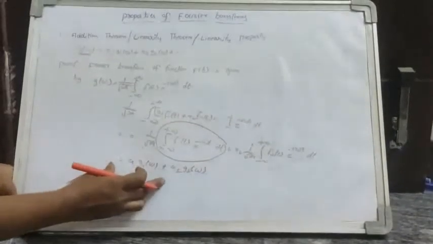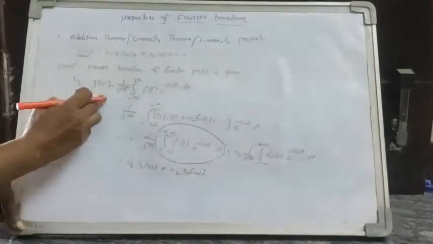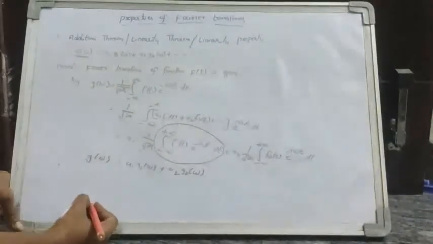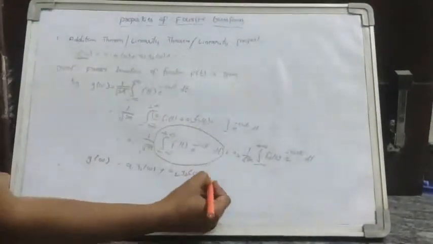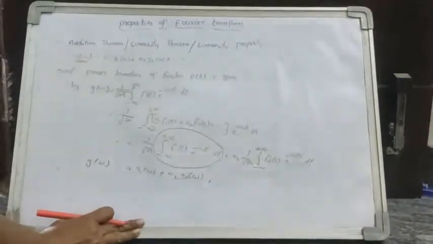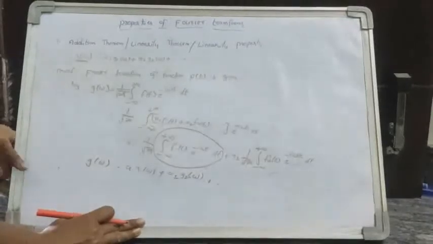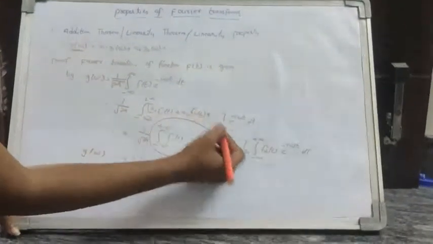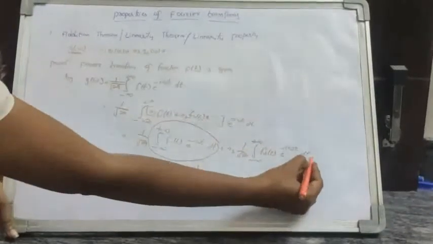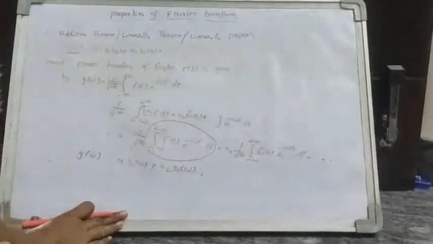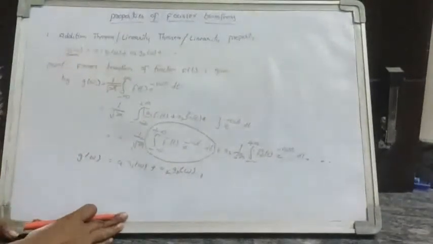So g of omega is what I have considered, and similarly you can prove it for all the terms also. Hence we have proved the addition theorem, or linearity property.